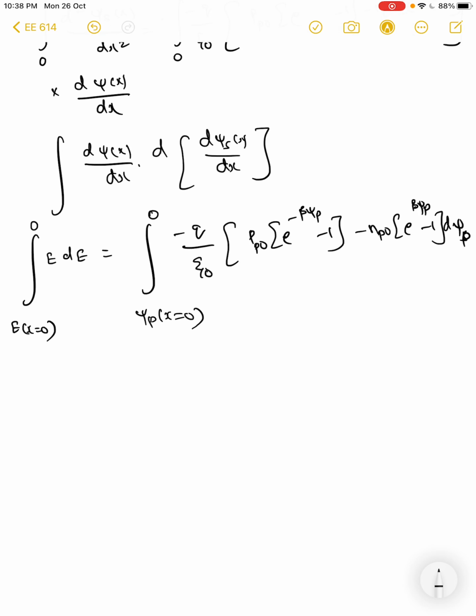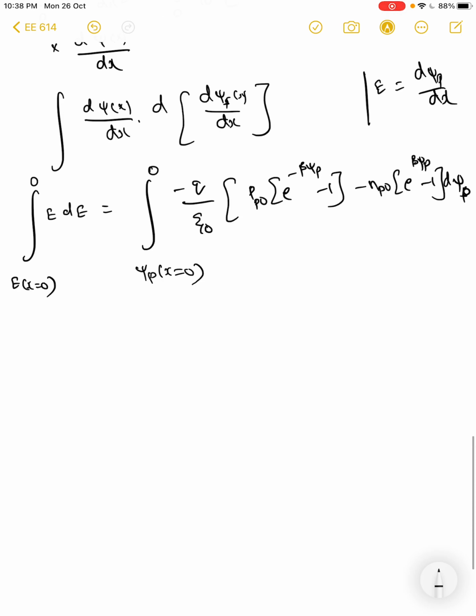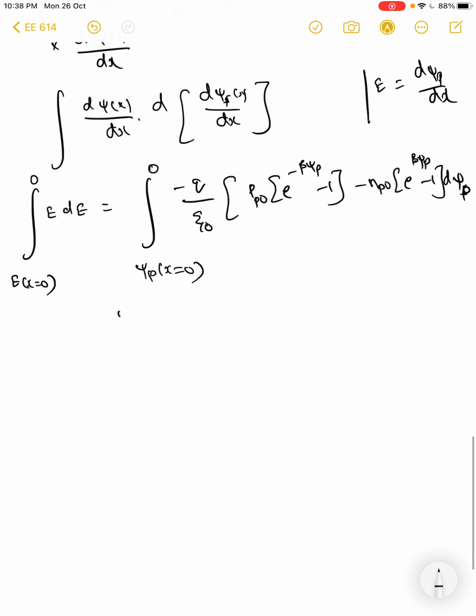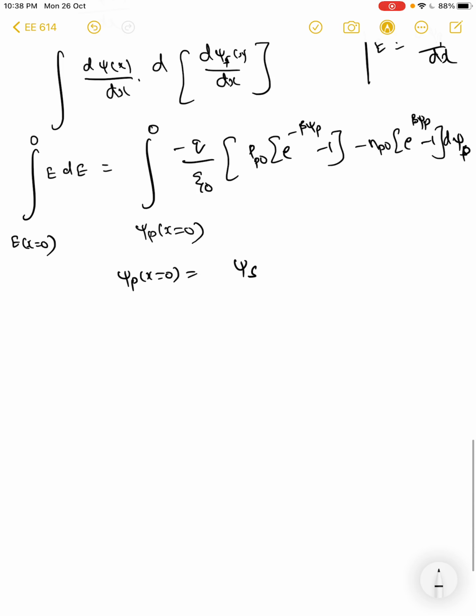So basically I have substituted E to be dψ_p by dx, and I'm going to make another substitution here: ψ_p at x equal to 0, I'm going to take as ψ_s, the surface potential. Similarly, E at x equal to 0, I'm going to take as E_s.